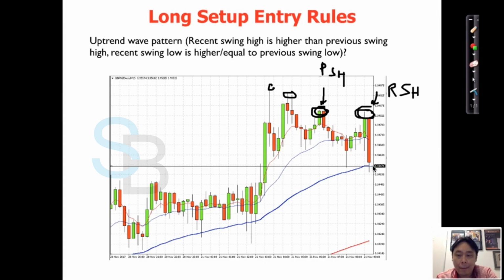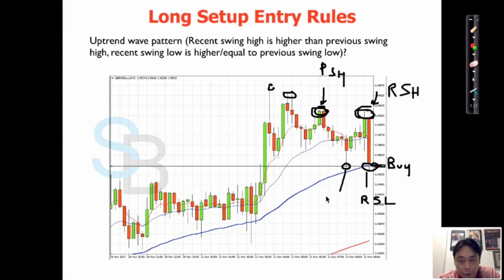Next, this is the recent swing low, right? Recent swing low, which also happens to always be our intended buy price, our entry price, the 50 moving average, right? And again, what's the rule? The rule is that the recent swing low must be higher or equal to the previous swing low. So where's the previous swing low? Well, this is the previous swing low.